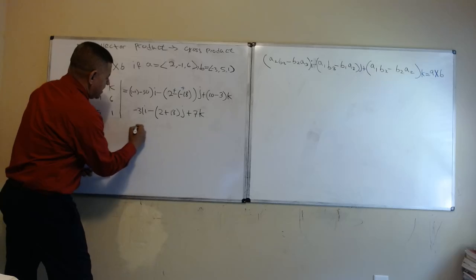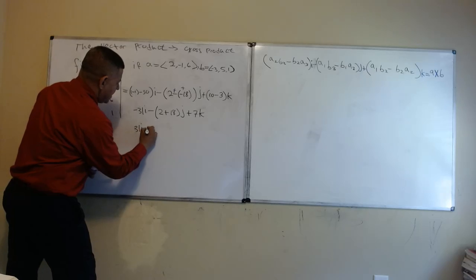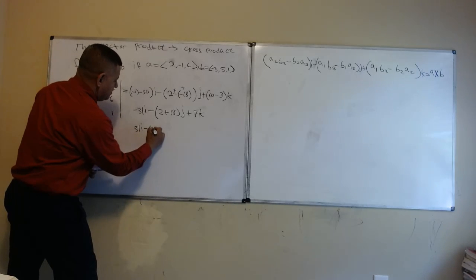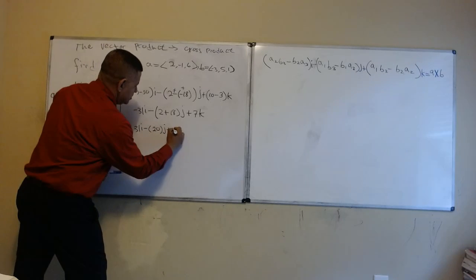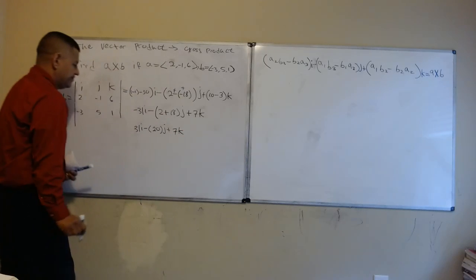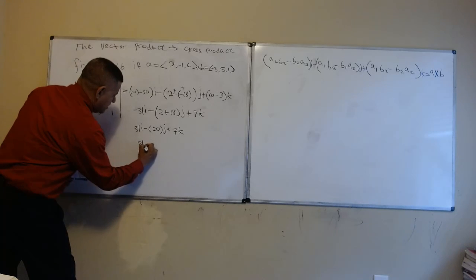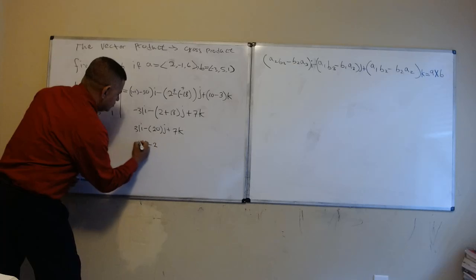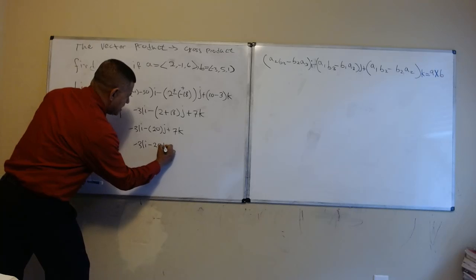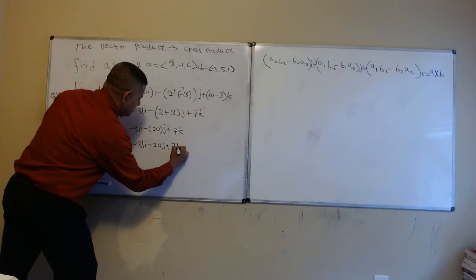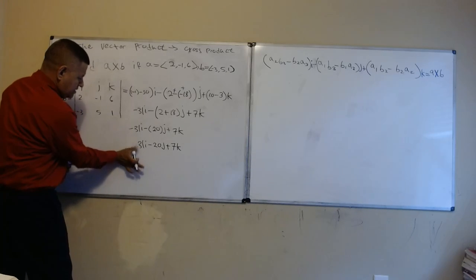So when I do that, I'm doing it step by step, I get 31 I minus 20 J plus 7K, right? Now I distribute the sign inside and I get 31 I minus, okay, this is negative, so minus 20 J plus 7K. And that's it.